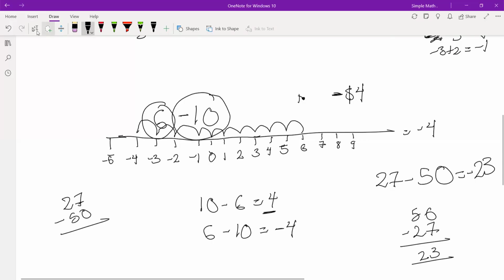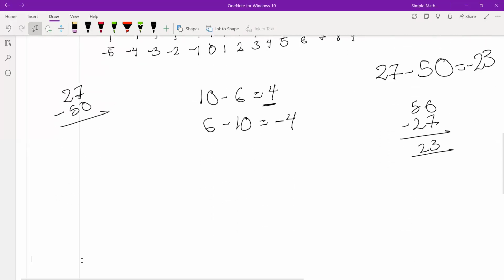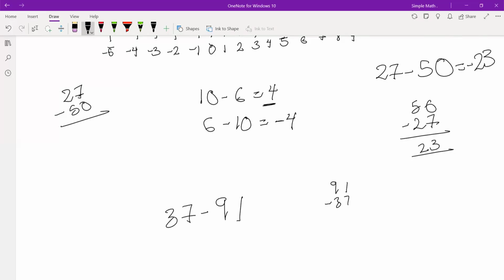Once you are being asked bigger numbers now, you are confident that you get the answer. Example, I'll pick a random number again. Let's say 37 minus 91. All I need to know is what is 91 minus 37 in the first place. 91 minus 37: one can't subtract 7 from 1, but we can bring 10 from this side.